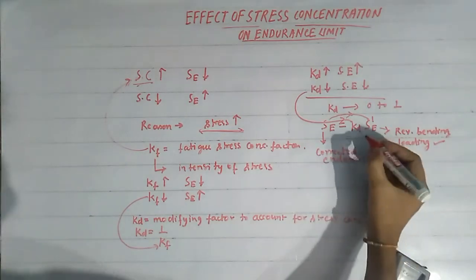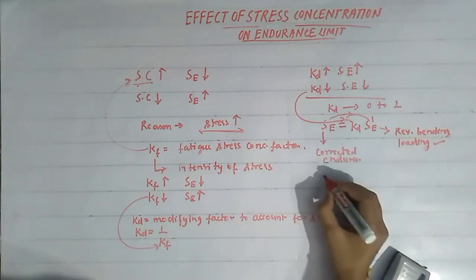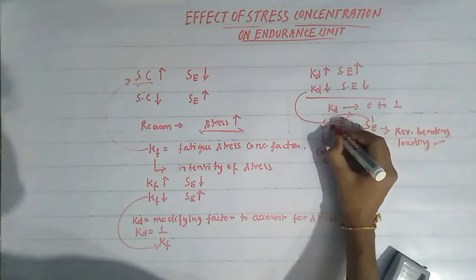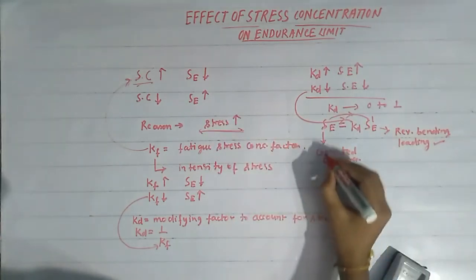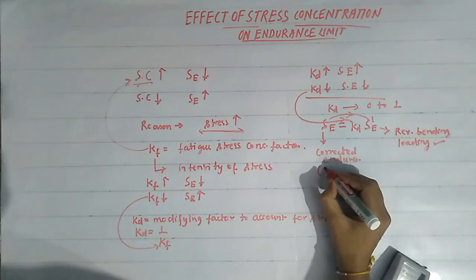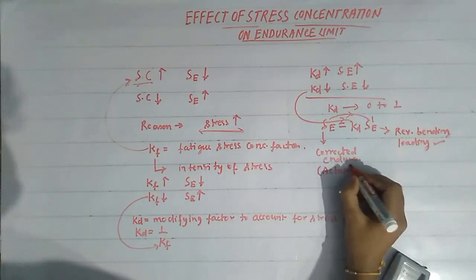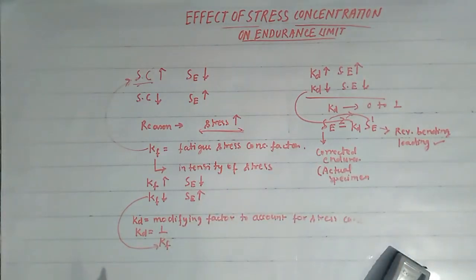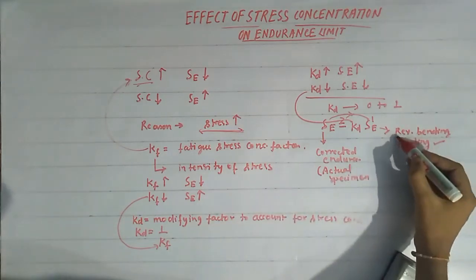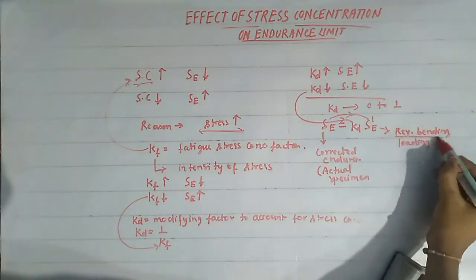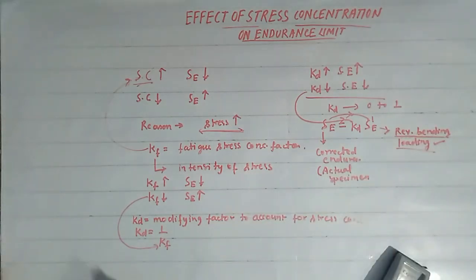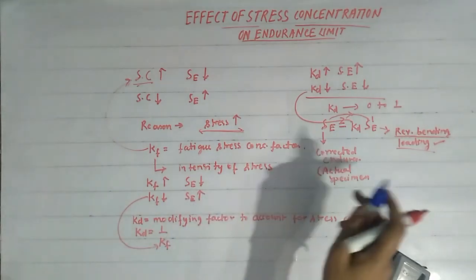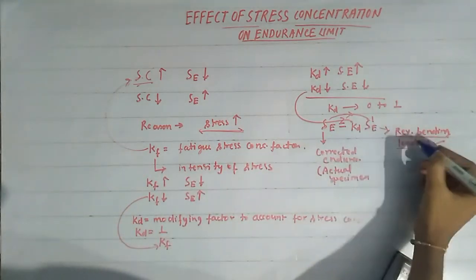So here SE is the corrected endurance limit, or we can say that SE is the endurance limit of the actual specimen, which is having some kind of discontinuity due to which the stress concentration in that specimen is there, whereas the ideal specimen is very polished and very smooth, so there is a minimum chance of any discontinuity, due to which there is no stress concentration in the ideal component.